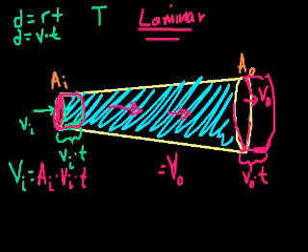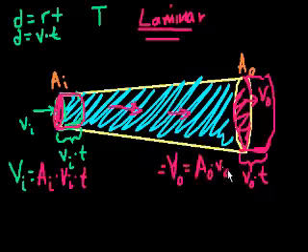So what is the volume that has come out in our time t? Well, it's just going to be this area times this width. So the output volume over that same period of time is equal to the output area of this pipe times the output velocity times time.